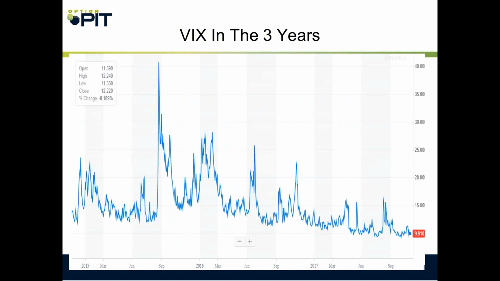There was a period of time where that weekly average basically stayed above 20. It also dropped 25% in 1 week. Yes, VIX can drop quickly.